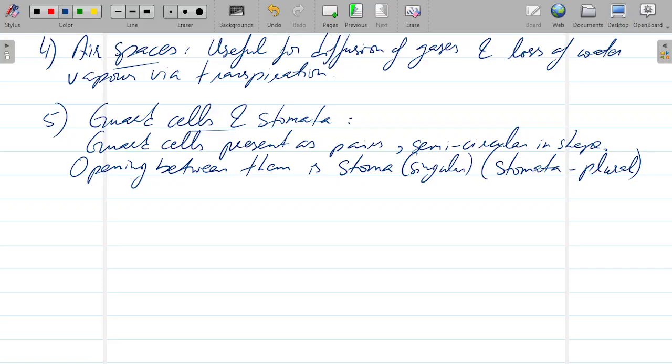Now, in dicotyledonous plants, the ones with broad leaves, stomata are present only in the lower epidermis.